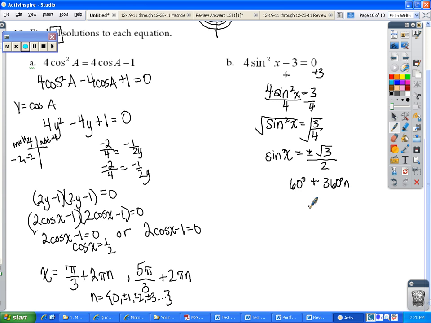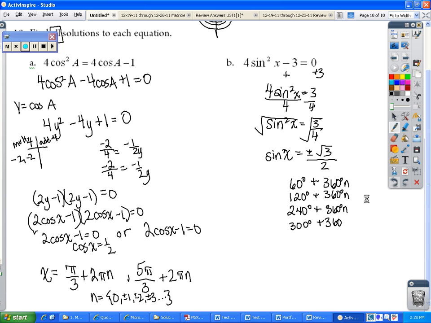The second one is in the second quadrant, so 180 minus 60 is 120 plus 360n. Then you want to do 240, which is 180 plus 60 plus 360n. And finally, you do 360 minus 60, which would be 300 degrees plus 360n.